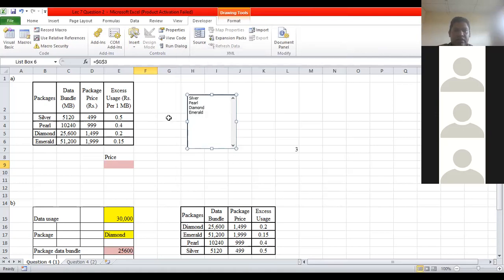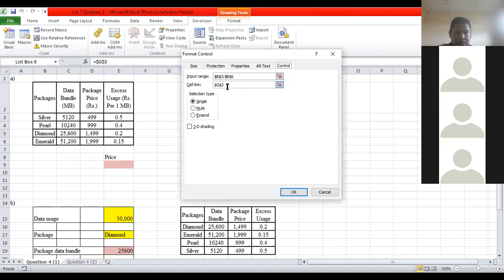Then once you click on the items in the list box, you could see that the number would have appeared. So let's right click and see that format control. G3, something is wrong with that.